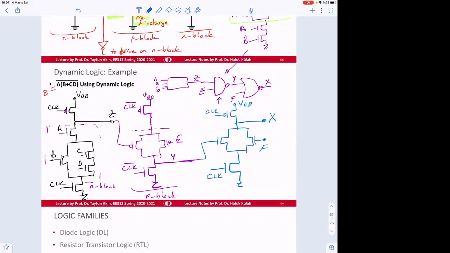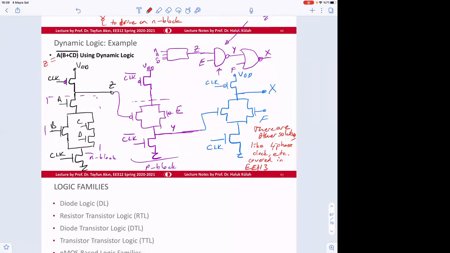Instead of NP domino logic, there are maybe other solutions, like 4-phase clock, covered in the 413 VLSI design course.